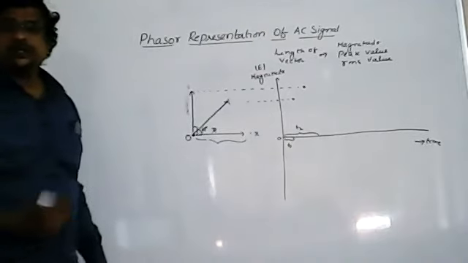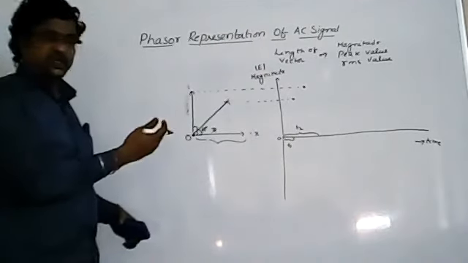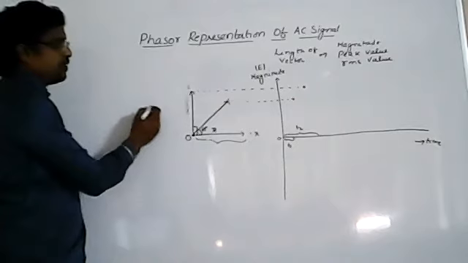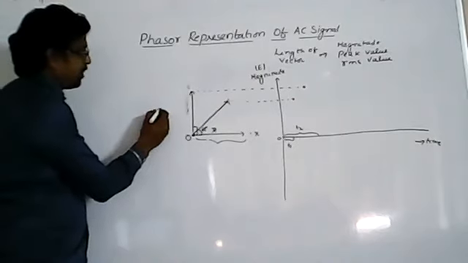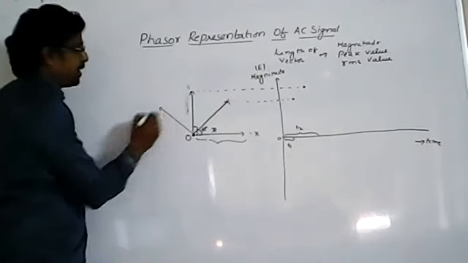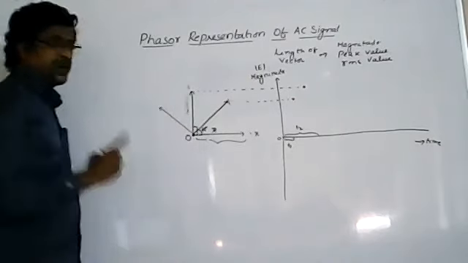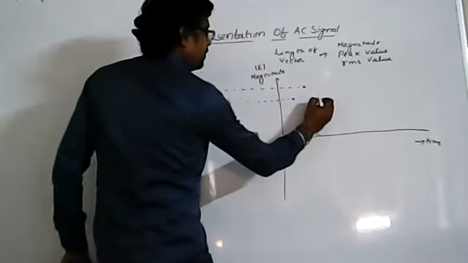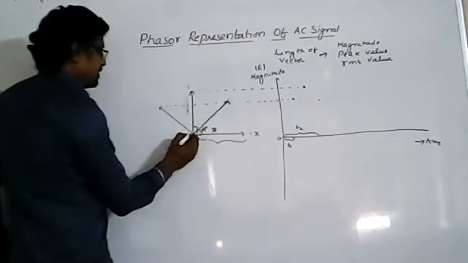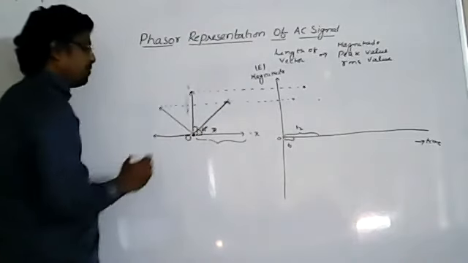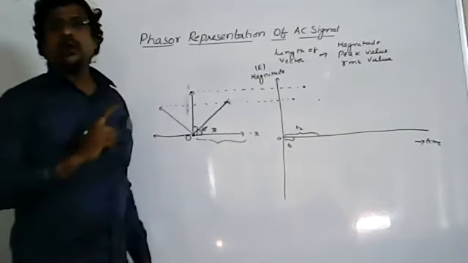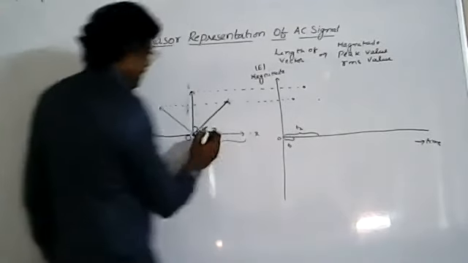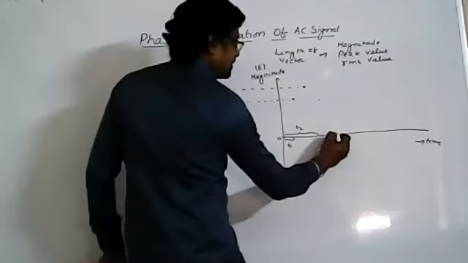After t3 seconds, still more 45 degrees it will rotate, so somewhere the point will be here after t3 seconds. Similarly, after t4 seconds, it will make a complete rotation of 180 degrees. So again, it will be on the 0 axis.